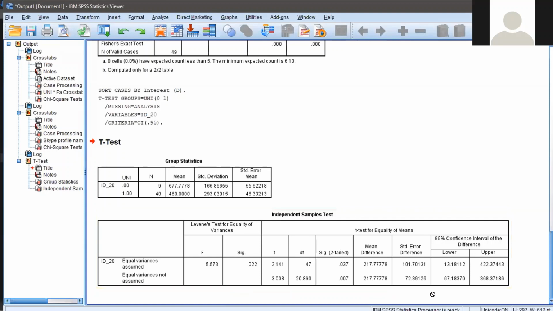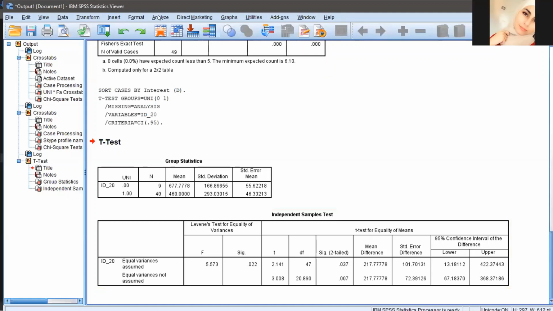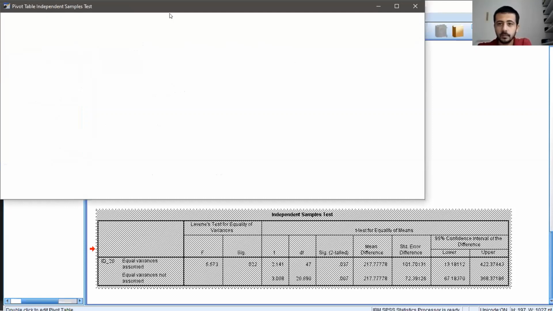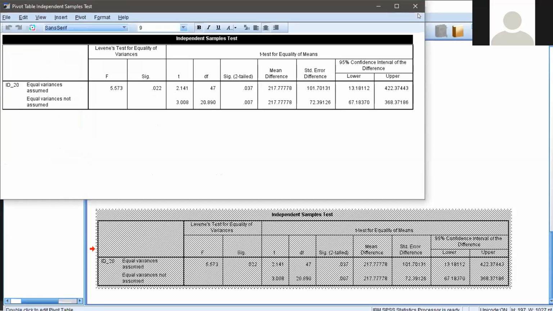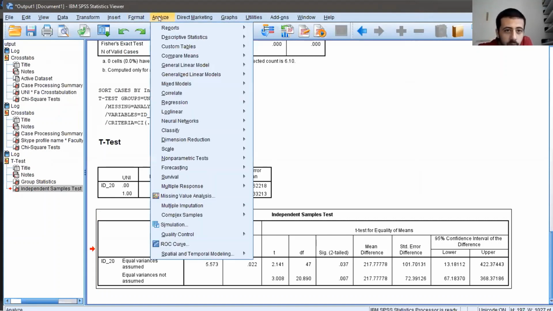So this table makes no sense. What is the test I should do? The Mann-Whitney. Non-parametric, Mann-Whitney test. So this is the test for homogeneity, and we need to do it here.